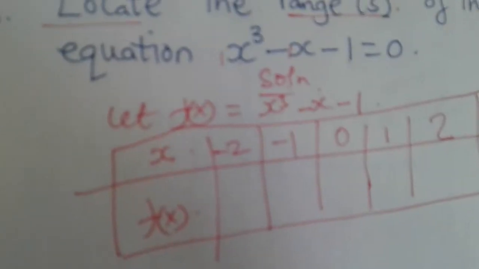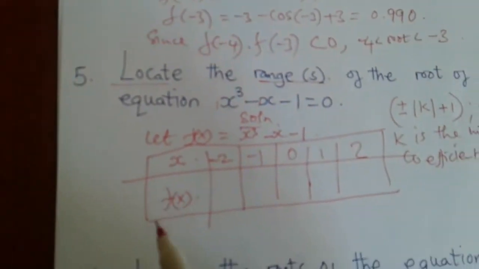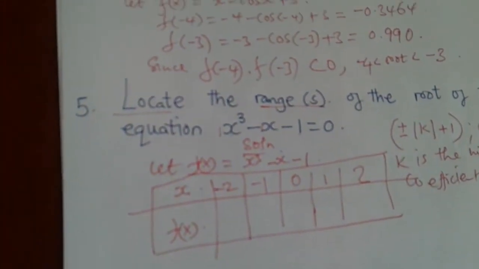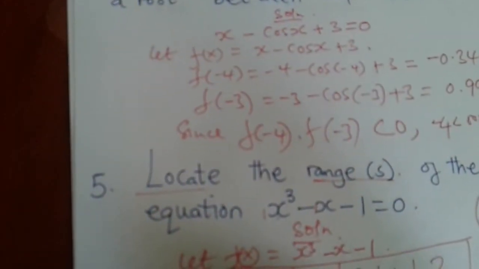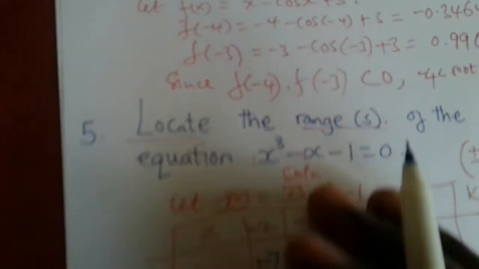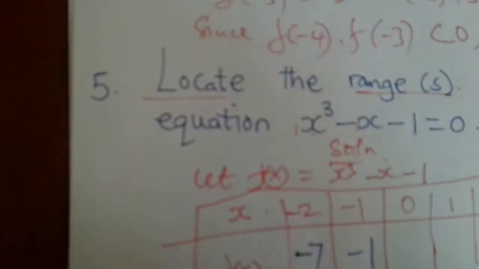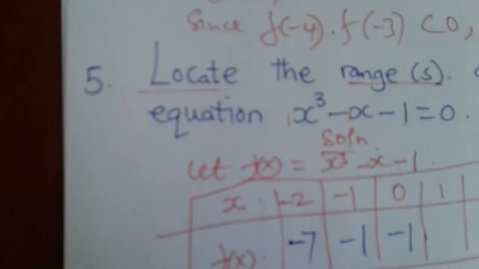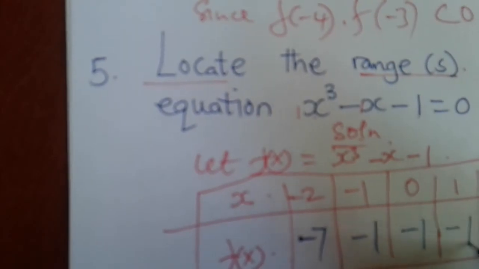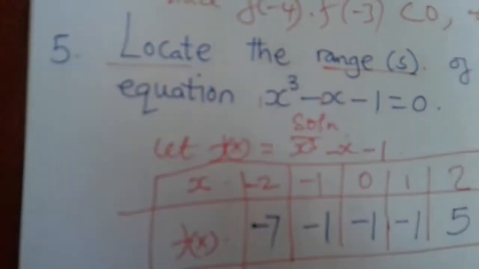Now, when you put this equation in your calculator, at x equal to negative 2, it gives negative 7. At x equal to negative 1, it gives negative 1. At x equal to 0, negative 1. At x equal to 1, negative 1. At x equal to 2, it gives positive 5.